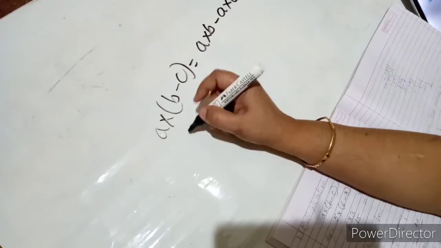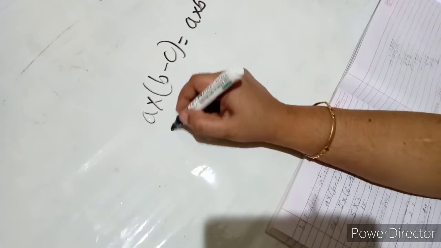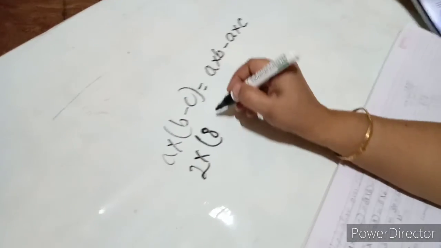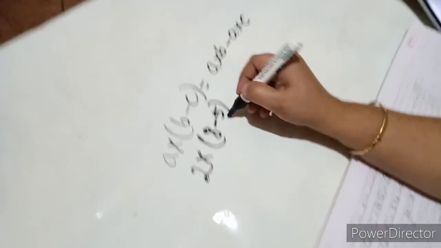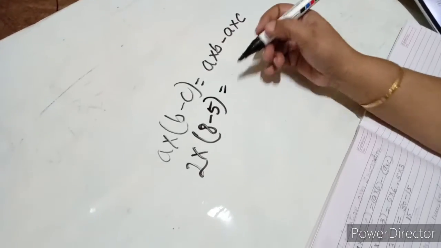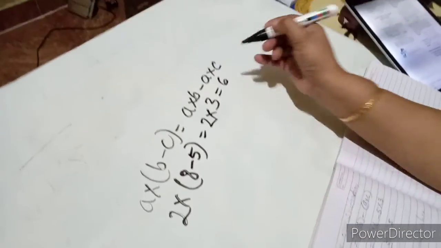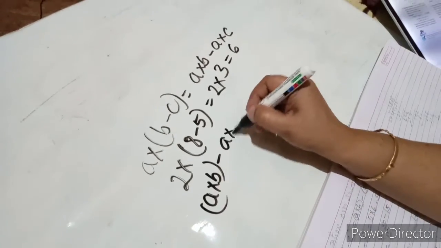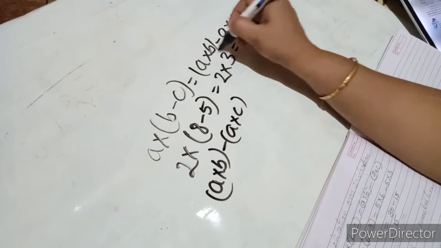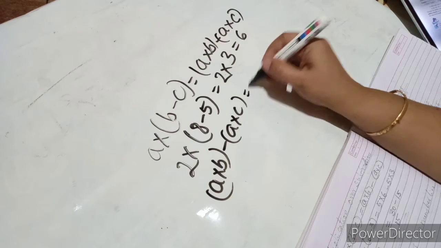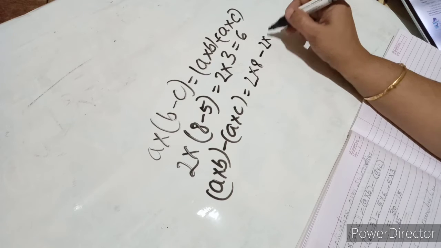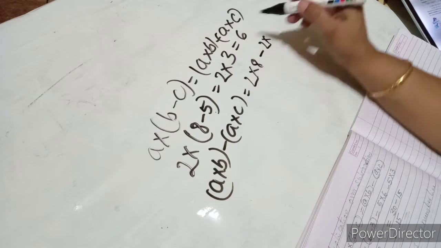See here, I am taking A as 2 multiplied by B minus C, which is 8 minus 5. Then what we get? 2 into 3 is 6. Now what is A multiplied by B minus A multiplied by C? A is 2 into 8 minus 2 into 5.